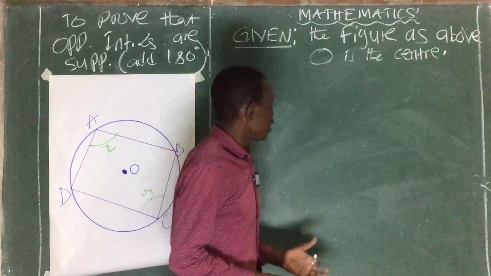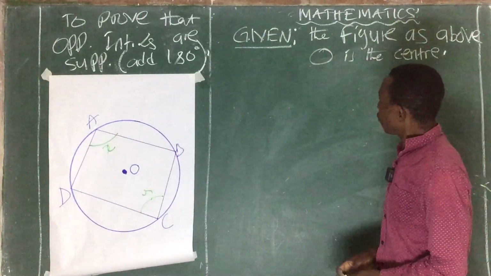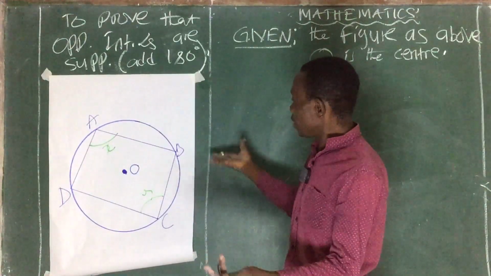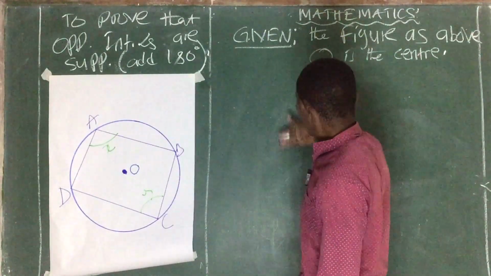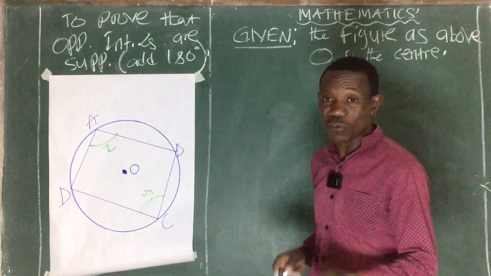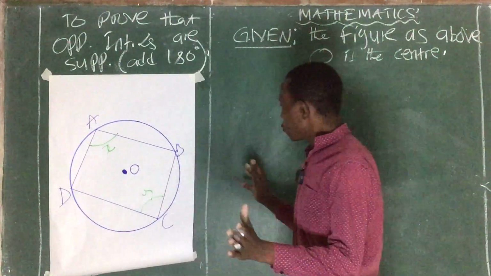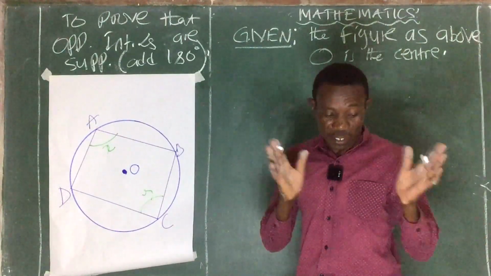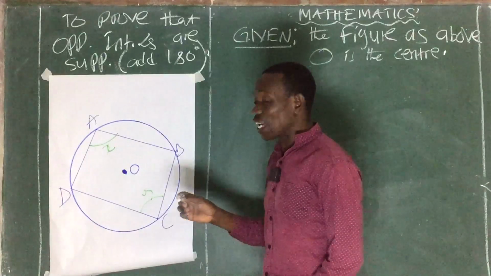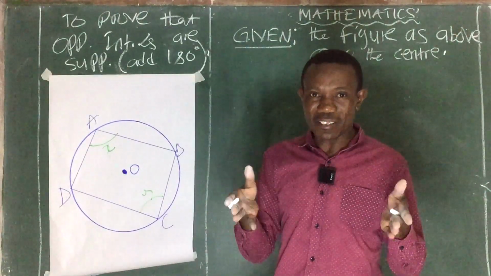Right. The next thing, what is it that you do? You're going to tell us what we're going to do with that diagram. You apply it here, because an examiner has to really know. It's not only you that knows it, but somebody who is going to mark. So here, what you want to do is just to prove that opposite angles are supplementary. So here you do not write that statement, but rather refer to the angles under discussion.